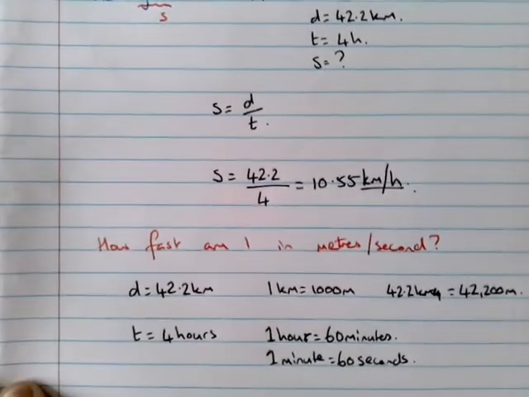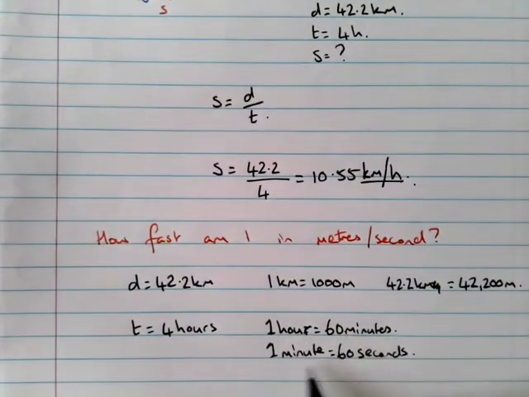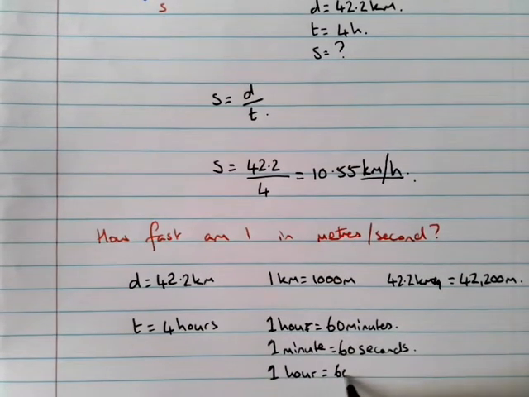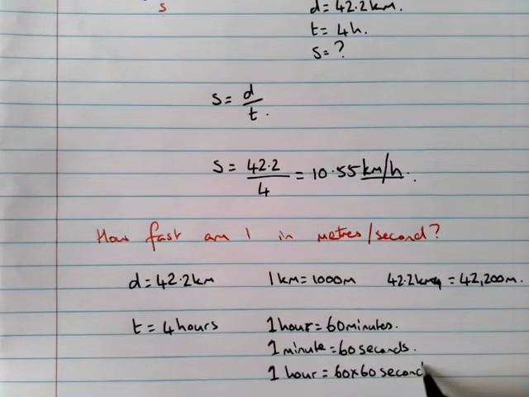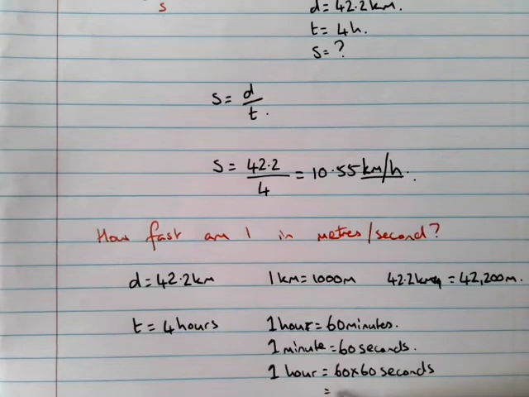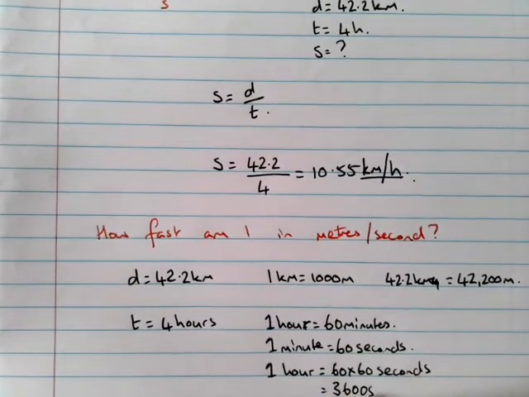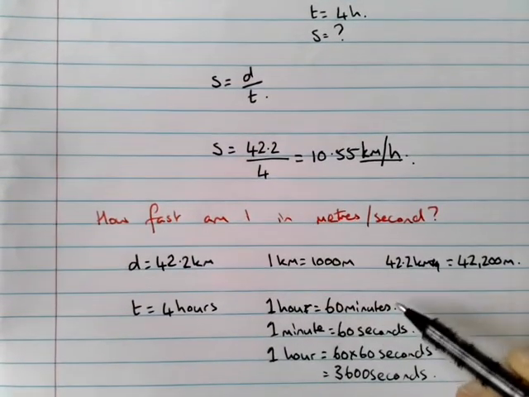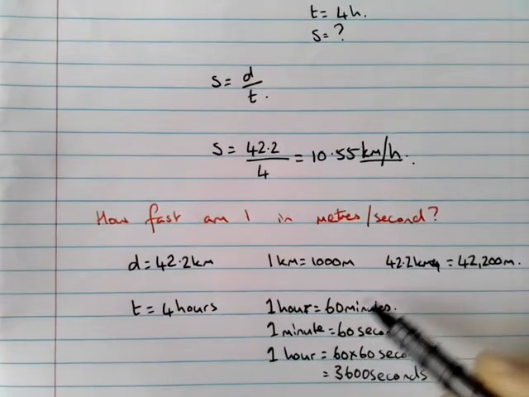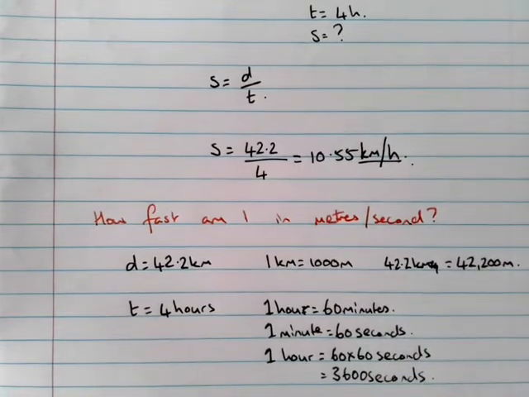So if 1 hour is 60 minutes and 1 minute is 60 seconds, that means that 1 hour equals 60 times 60 seconds, which is 3,600 seconds. If you're not sure about that, you might want to pause it, go back, watch that little bit again, or get your calculator out and make sure you agree.